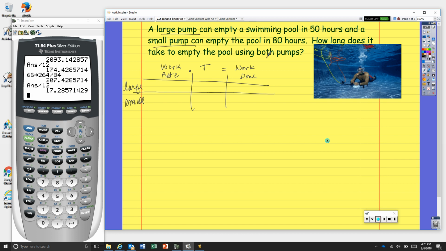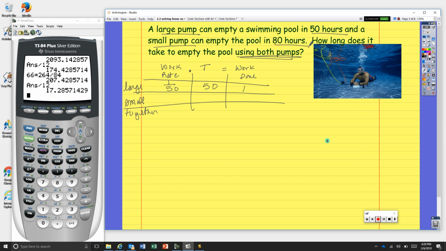How long does it take them using both pumps? So I also have them working together. Large pump takes 50 hours, so the time is 50 hours. So how much do they get done in 1 hour? That would be 1/50th of the job. These two should always multiply together and equal one whole job done.